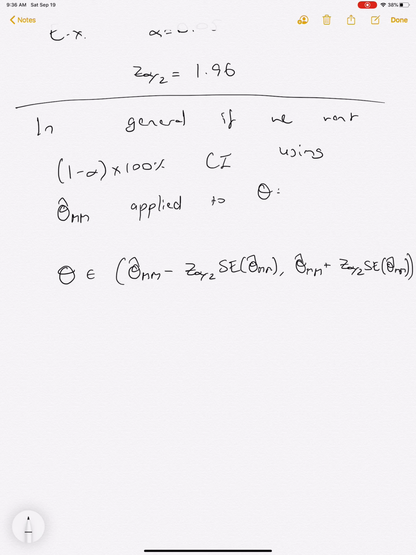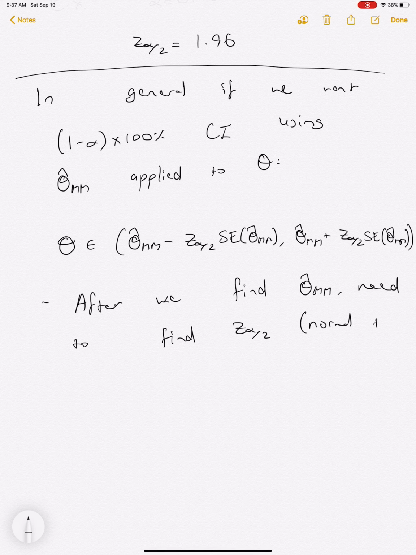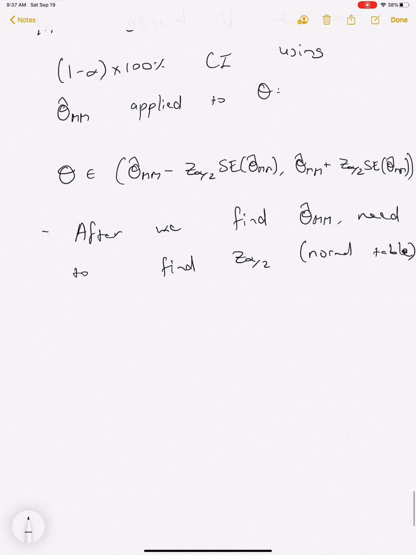So after we find theta hat mm, which we've learned how to do in the previous two lectures, we need to find z alpha over 2, which just comes from the normal table, and the standard error of theta hat mm, which is equal to the square root of the variance of theta hat mm divided by n. Okay.